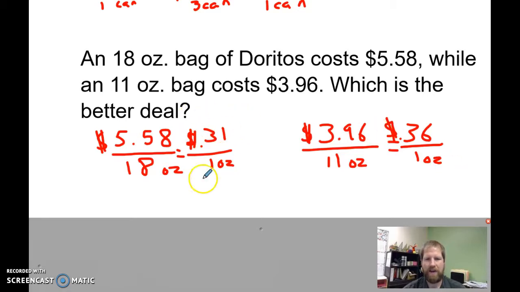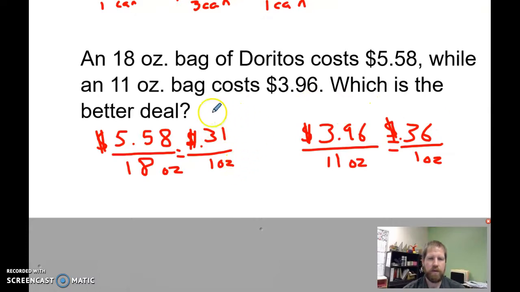Okay, and now whichever one is greater, because this can kind of be confusing, whichever one is greater is going to be the worse deal, right? This is me paying more money for the same amount of Doritos. All right, so if I'm looking to buy Doritos, I want to buy the 18-ounce bag because I get it for 5 cents less per ounce.